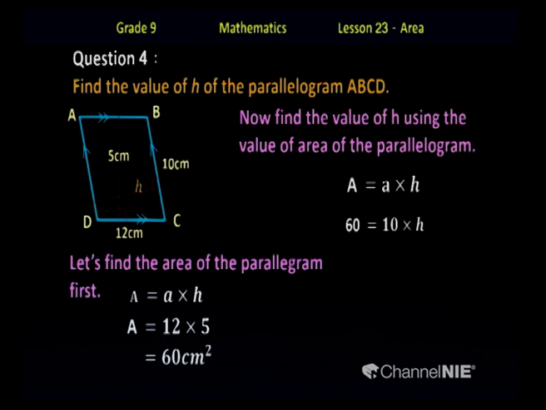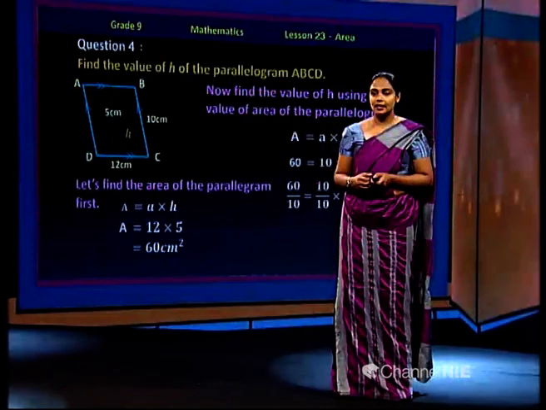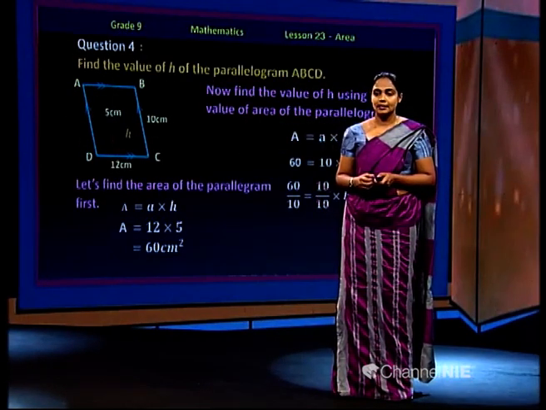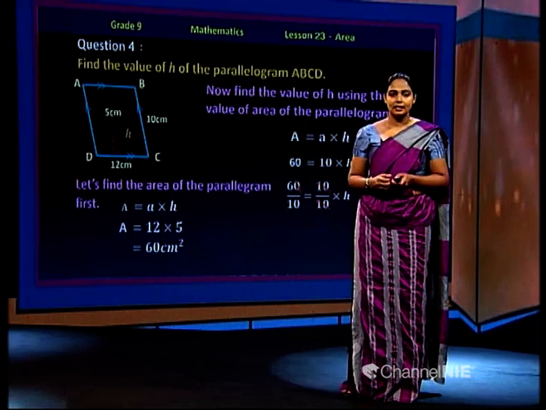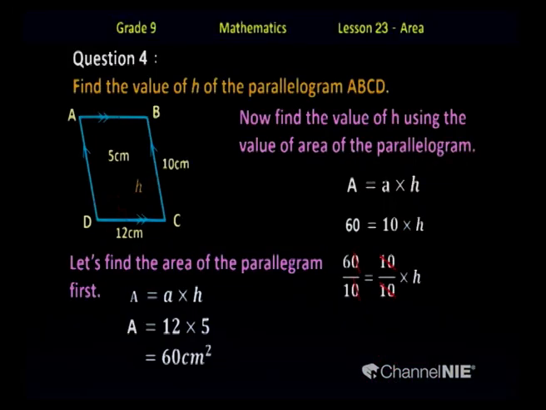Base is 10, and find h. Both sides are divided by 10. Then you can simplify. Then 60 is divided by 10. Answer is 6 centimeters. The perpendicular height, simple h, is 6 centimeter.